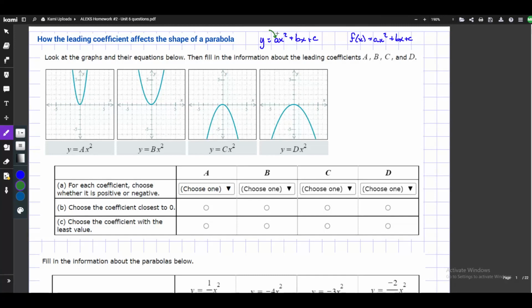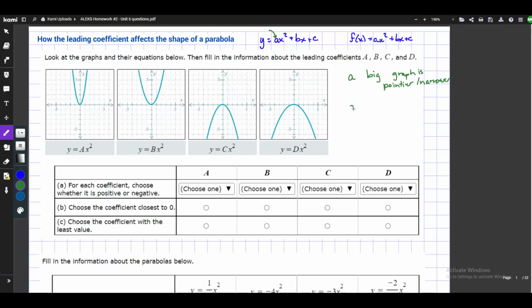These questions will either give you an equation or they will give you the graph. What we know is the a, I'll do it as a smaller case letter. So the a, we do know that if a is big, the graph is pointier, or narrower.